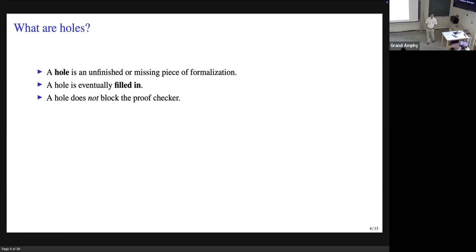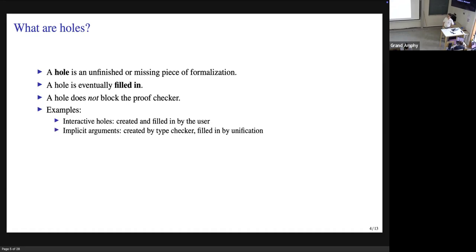One important point is that when you have a hole, it's not supposed to block your proof checker. The proof checker is supposed to keep going, and sometime later it's going to find out what is supposed to be in that hole, and then somehow use that to its advantage and also recall what it is supposed to be. But the idea is that you can do other things even though you don't know what the missing piece of information is.